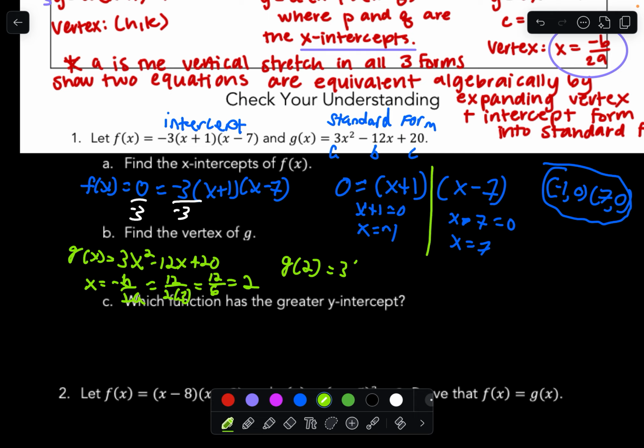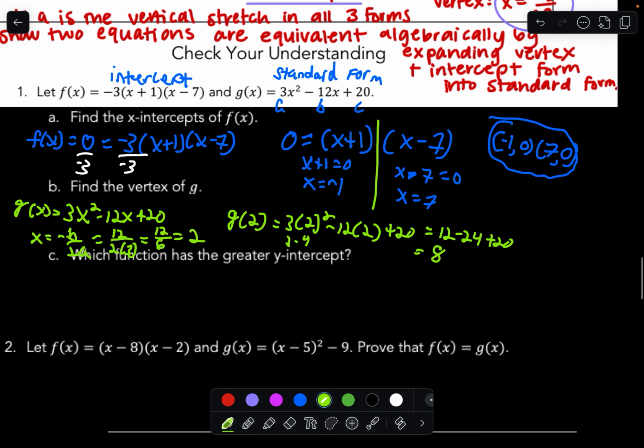So g of 2 is going to equal 3 parentheses 2 squared minus 12 times 2 plus 20. 2 squared is 4. 3 times 4 is 12. 12 times 2 is 24, so 12 take away 24 plus 20, which equals 12 take away 24 is negative 12 plus 20 is 8. So we get the y value of the vertex equal to 8. So the vertex is the point 2, 8.